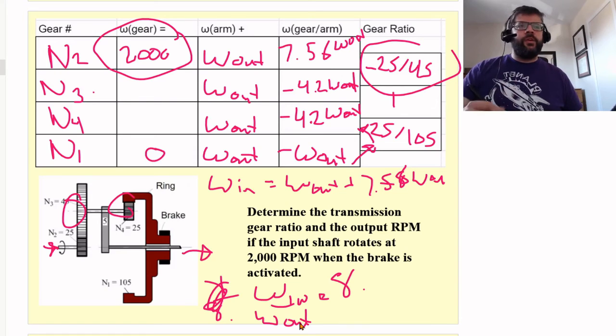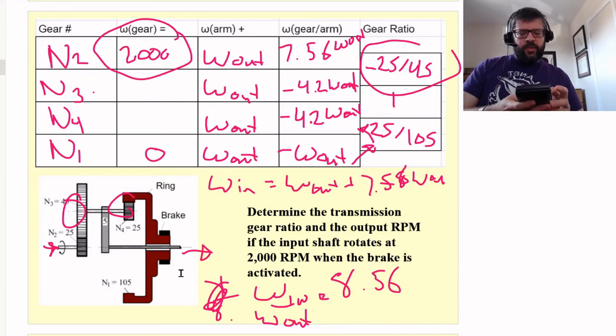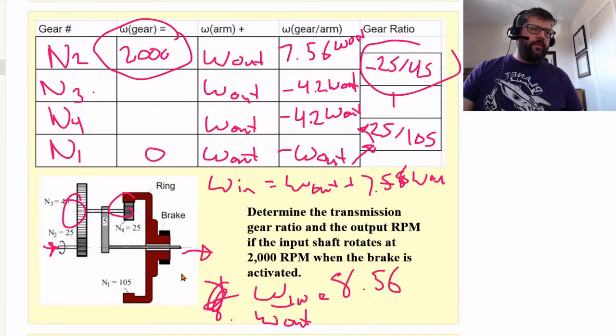So that's our gear ratio. The rotational speed of the output shaft will just be 2000 divided by that, so 233.6 RPM.